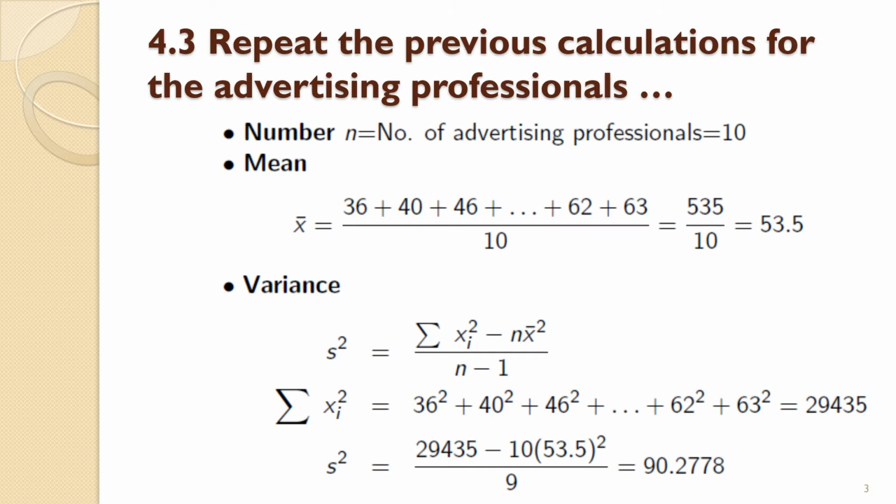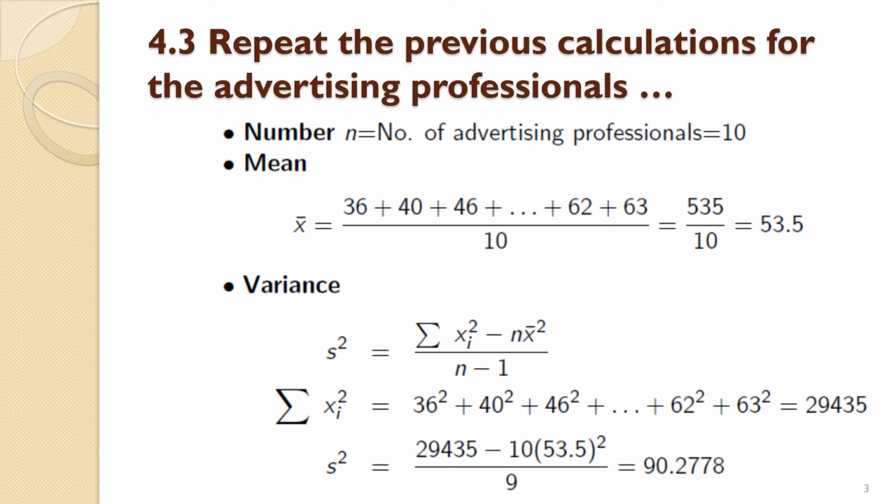Some repetition of slides, I'm afraid. If you're doing this calculation from scratch, you need to calculate the mean and the variance, which means that in this case you're operationalizing lots of these standard computations. For the advertising professionals, the first thing to note is that there are 10 observations in this sample. For the mean, you take all the observations, add them up and divide by how many there are in the sample.